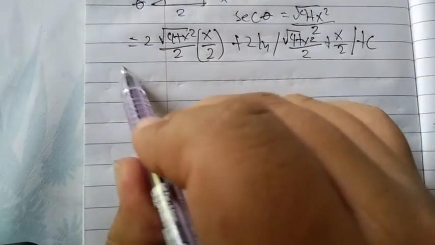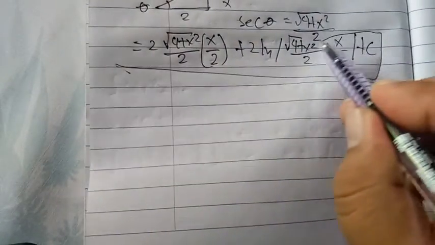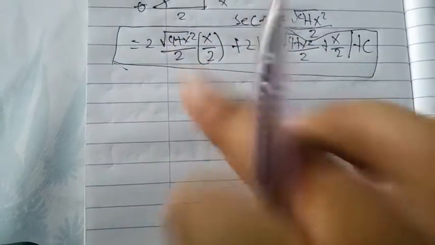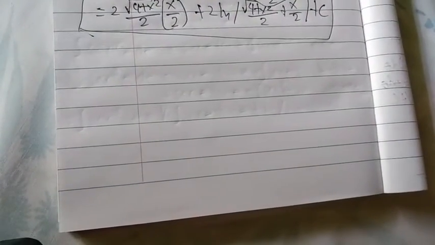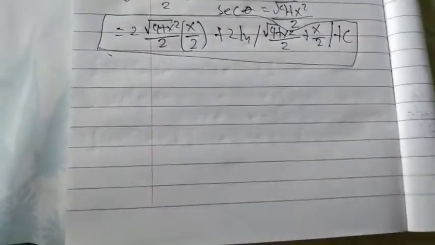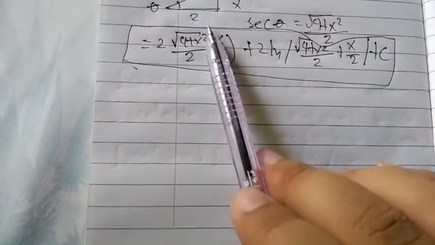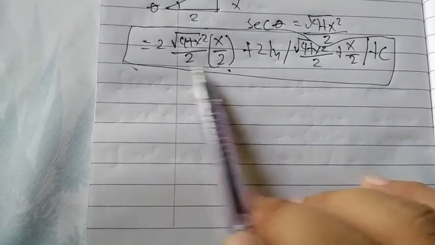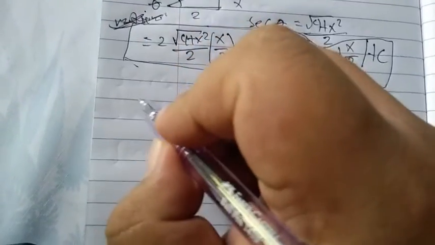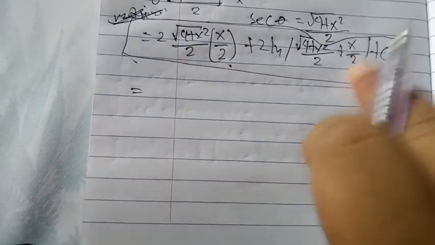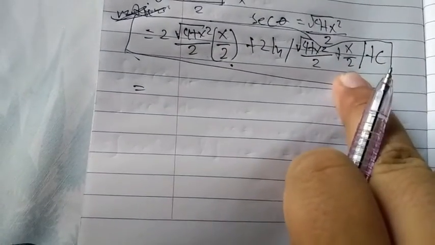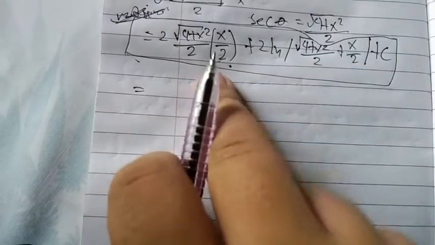And this will be our final answer. By the way, this is not our final answer. We convert this part by this part. Not a final answer. This will be our final answer. We simplify it again by this part and this part right there, our x over 2 and x over 2 right here.